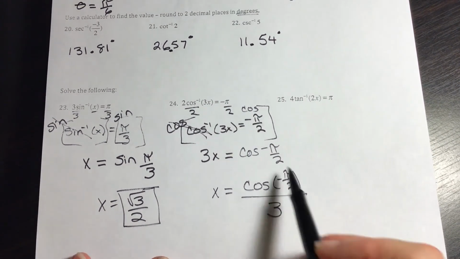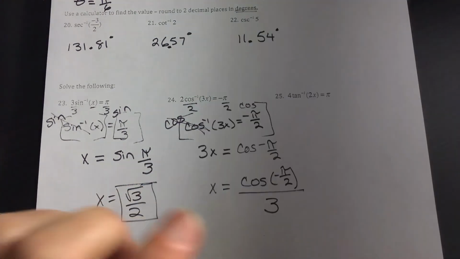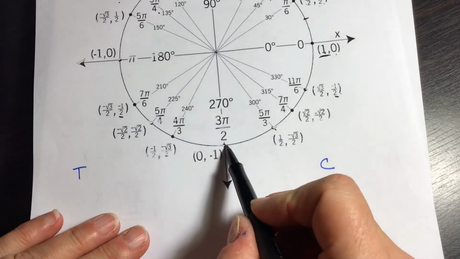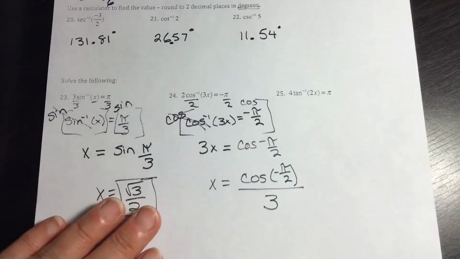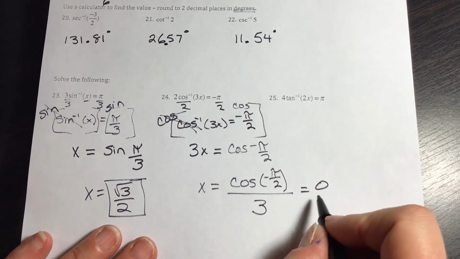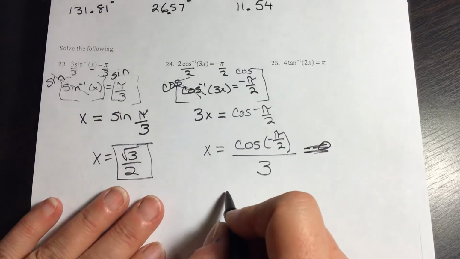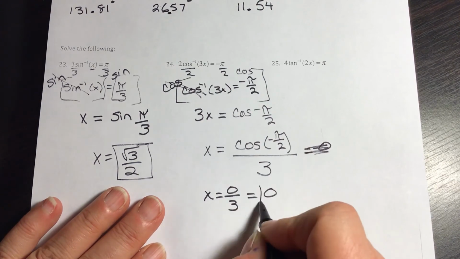All right, so I'm able to find this value. Negative pi over 2 is here. Cosine is 0, so I have 0, divided by 3, which is 0.